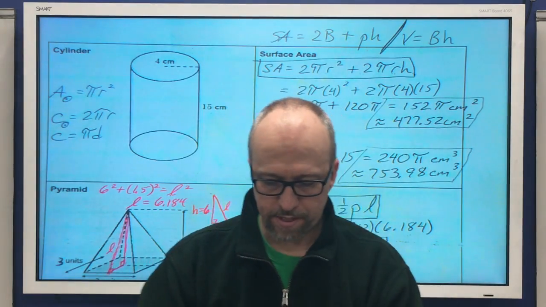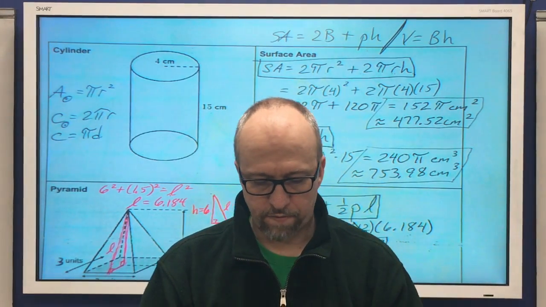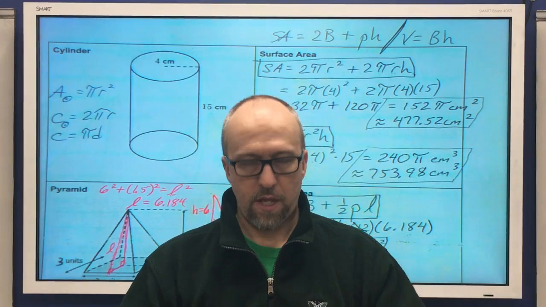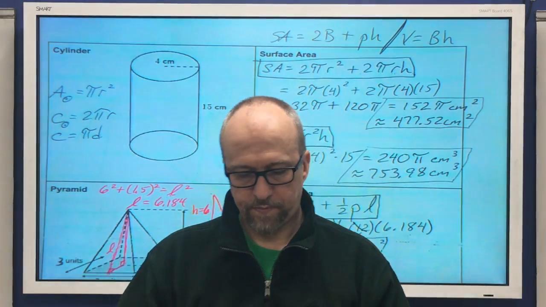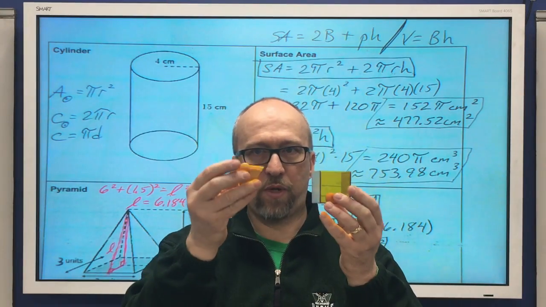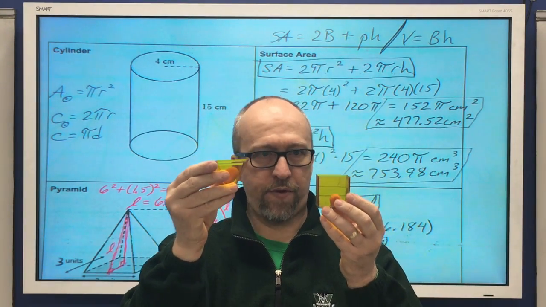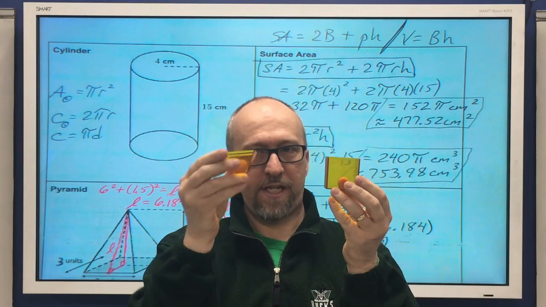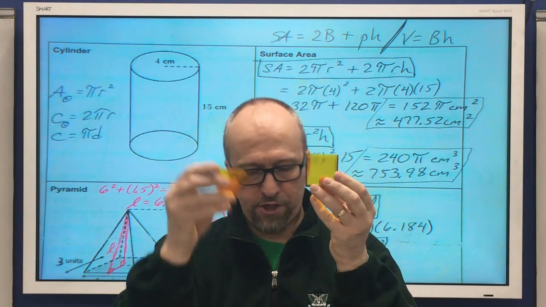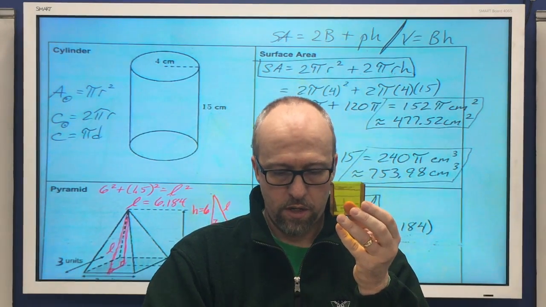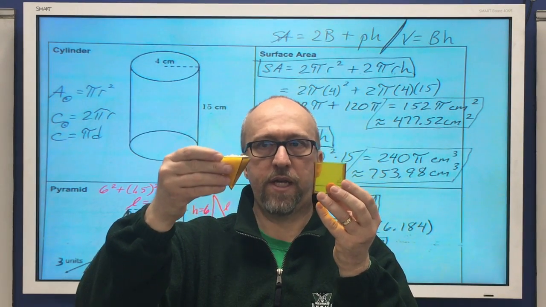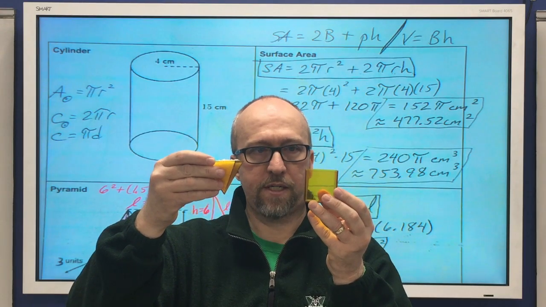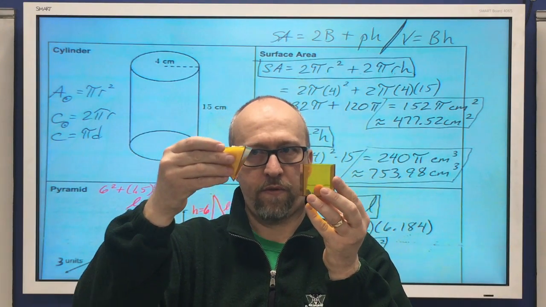What I'm going to do is take these green little tops off of here, and I'm going to do a little experiment. Because the question I have is, is it really that this is 1/3 of this? If this is 1/3 of this, I should be able to pour 3 things of rice into here with this.